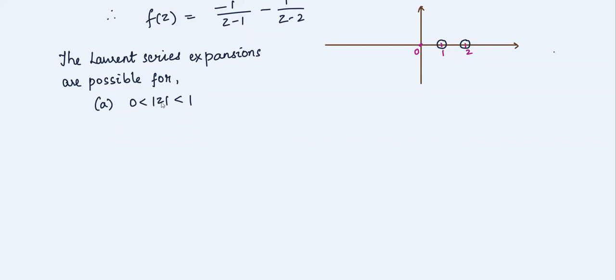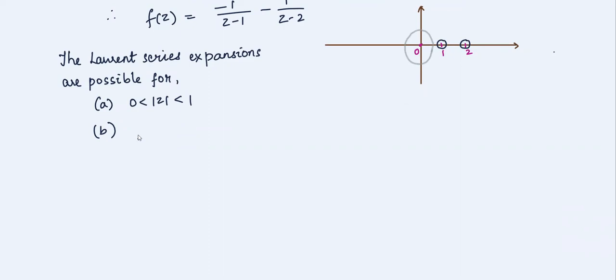Why am I choosing modulus of z? Because I want to expand about z equal to 0. This means, with pencil I'll draw here, this is a circle. So it does not include any of the singular points. There are points of singularity, it doesn't include.